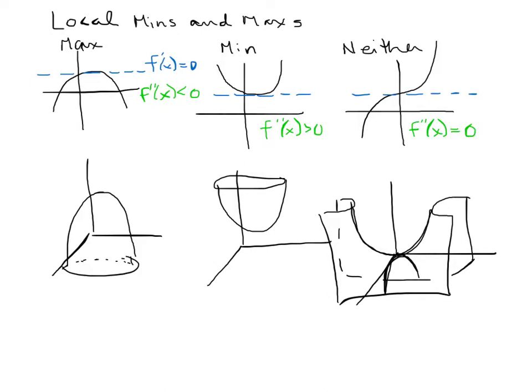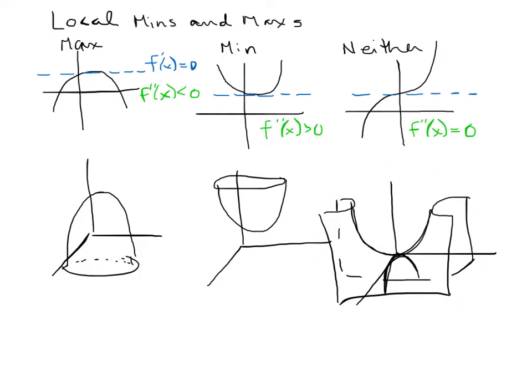Now below this, I have 3 other pictures of mins, maxes, and neither in 3 dimensions. So this first picture here, here's a max in 3 dimensions. Here's where you would have a local min in 3 dimensions. And then this last picture is where you would have neither.